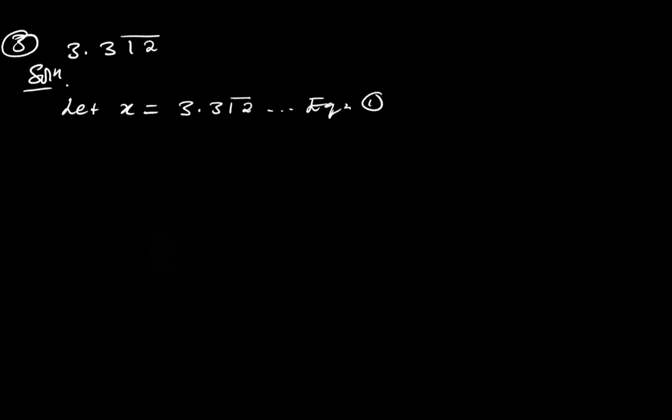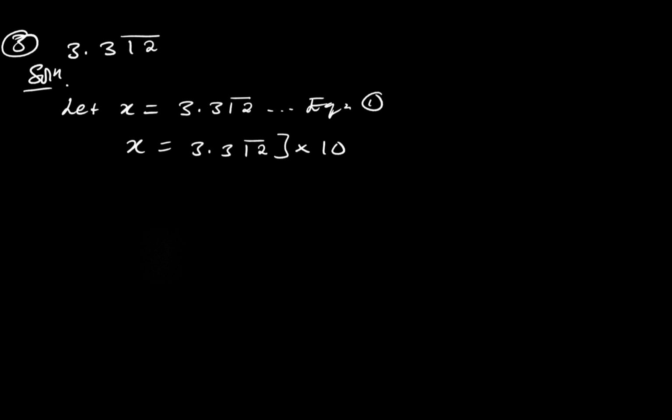The goal is to push the bar mark values to the left-hand side of the decimal point. So I will ask myself, what number can I multiply with in order to push the bar mark a step to the left? Now I have to multiply by 10. So x is equal to 3.312 bar. I'll multiply by 10.